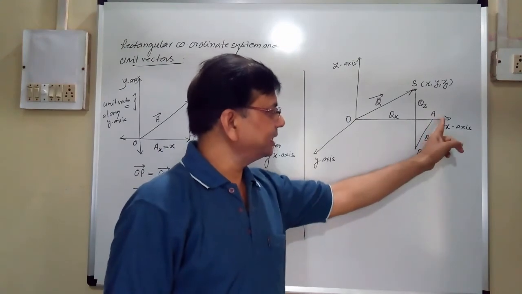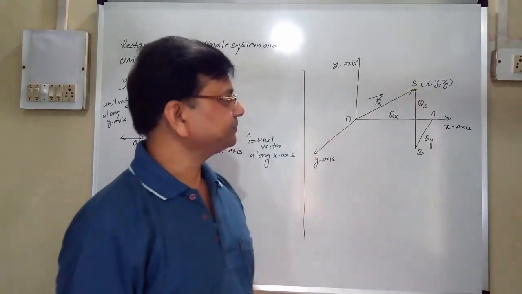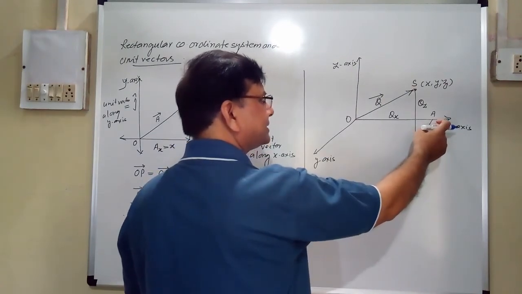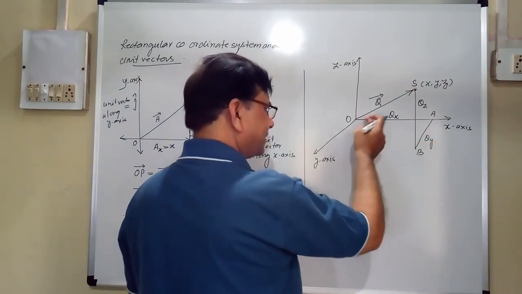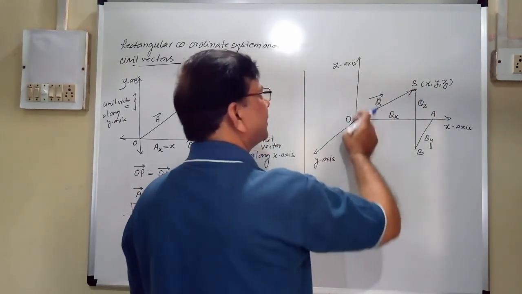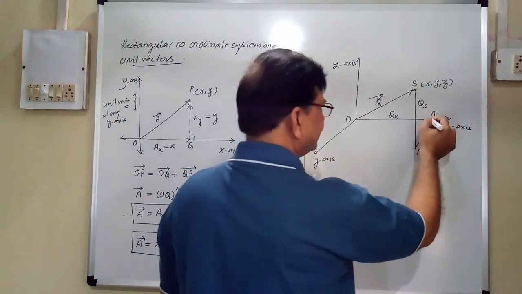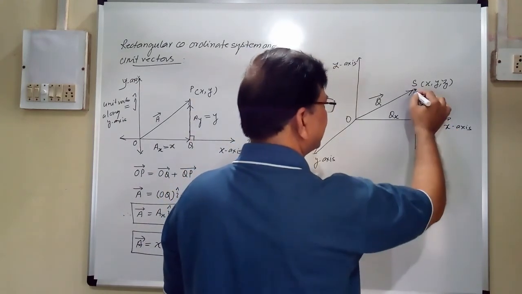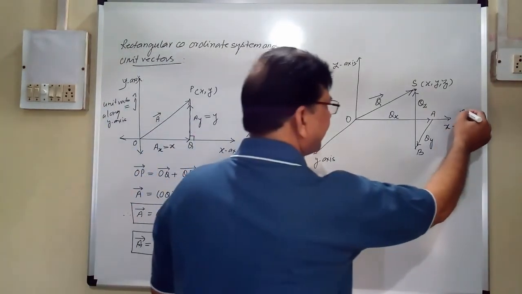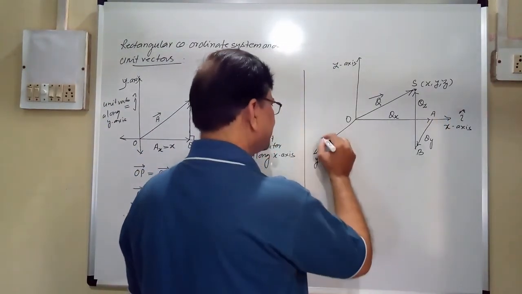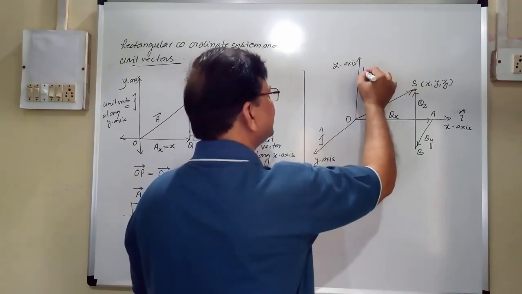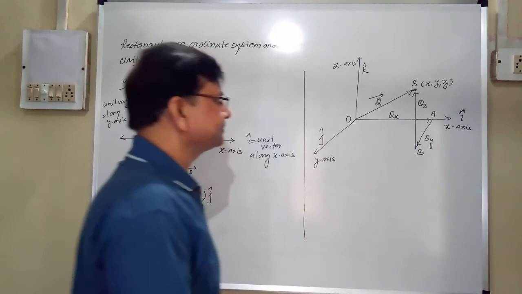This is QX, this is QY, and this is QZ, because once you draw perpendiculars from here and then on the x-axis, this is along y-axis, this is along x-axis, and this is along z-axis. The unit vector along x-axis is i, along y-axis is j, along z-axis is k.